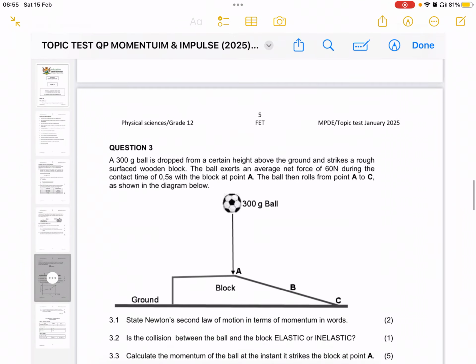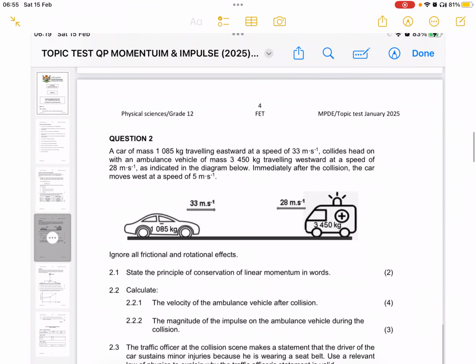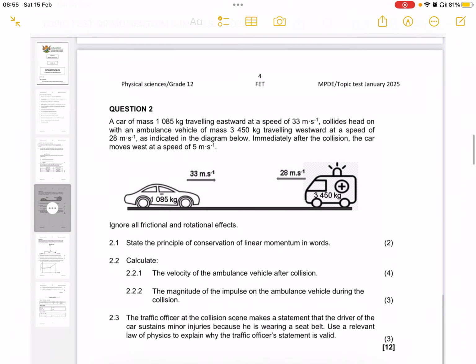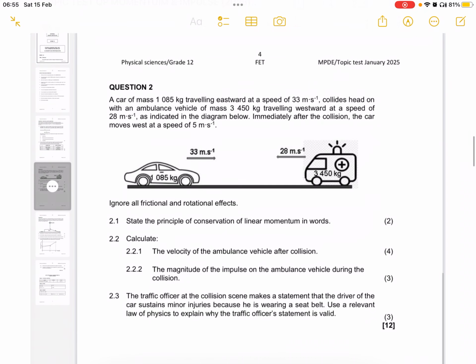Question 2. I think I'll have to bring question 2 closer so we can quickly observe without scrolling. Right, question 2.